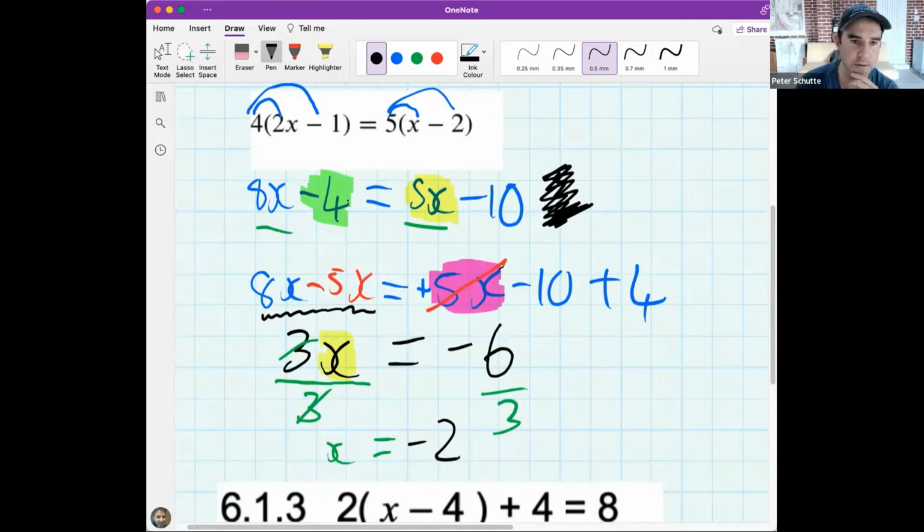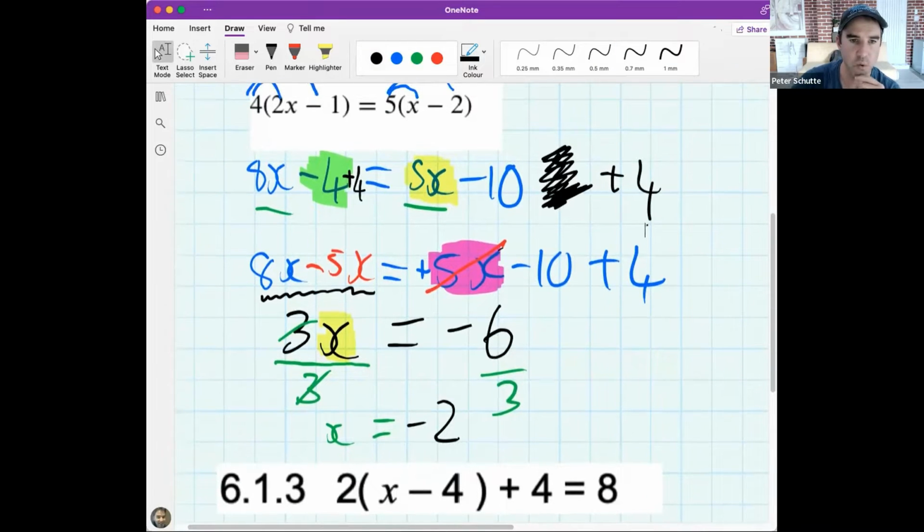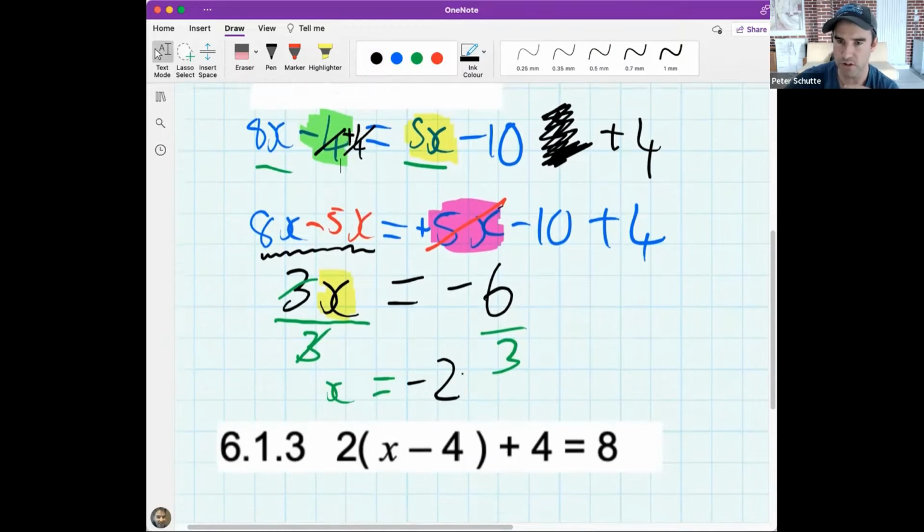So Tando, if you think about this, if I add 4 on this side and I add 4 on this side, what you'll notice is it knocks out the -4 and the +4 here. And then I just end up with a +4 on that side. So I don't actually let the 8x and the -4 interact at all. Okay. Yeah. So I'll show it to you again now when we do the next question.